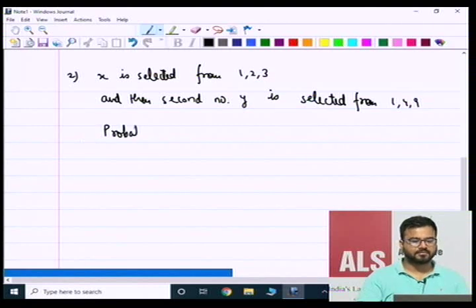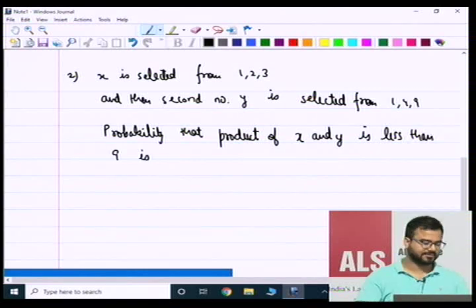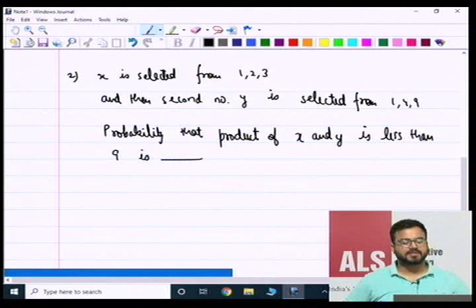What is the probability that the product of x and y is less than 9? x is the number which we are selecting from 1, 2, 3, and the second number is selected from 1, 4 and 9. What is the probability that the product of x and y is less than 9?